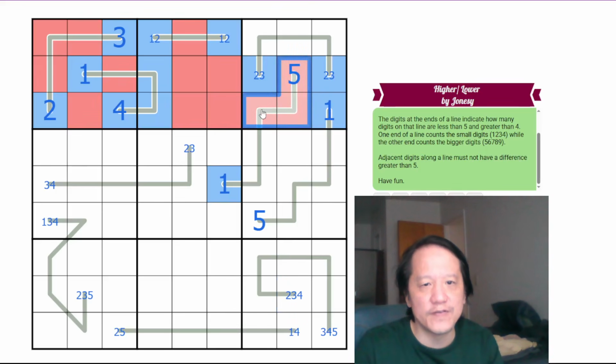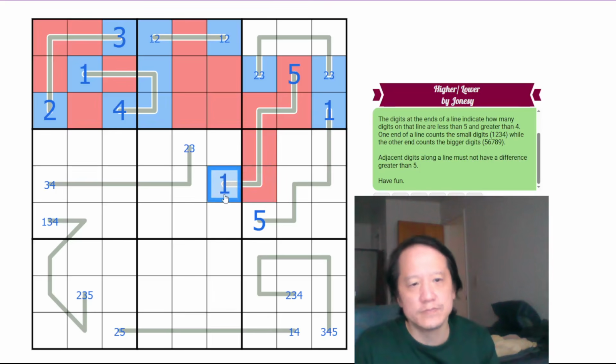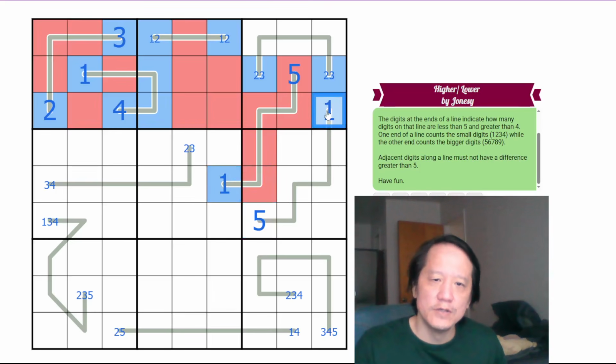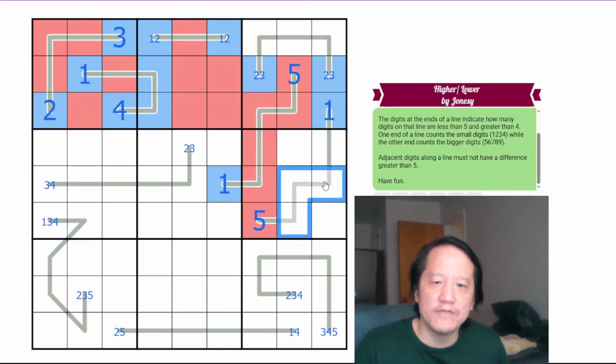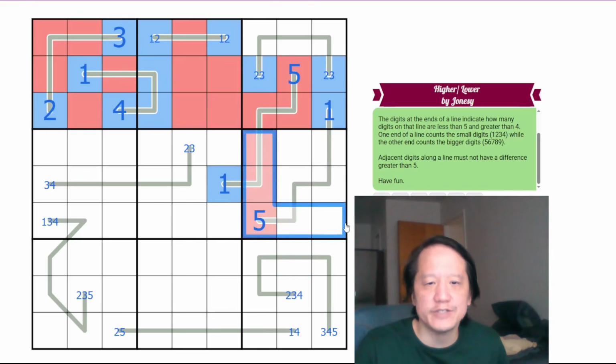So here we have 5. We already have 3 high digits, so the rest must be high because we only have 1 low. This has 1 low. This is 5 as a high. We cannot have all of these be high, because if they were all high, that would be too many high digits in box 6. That would be 7 of them.